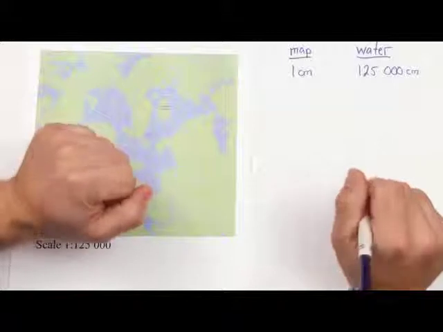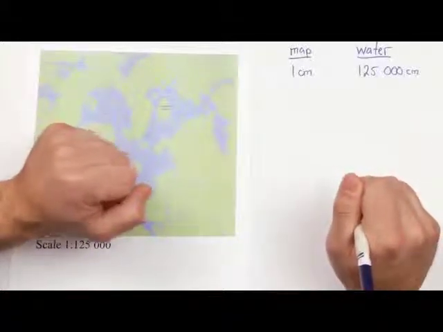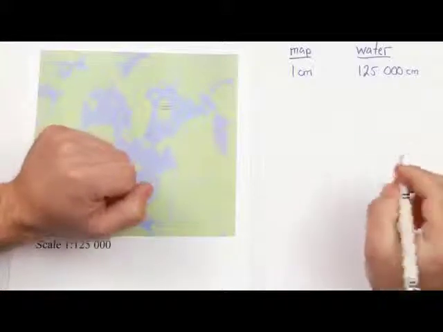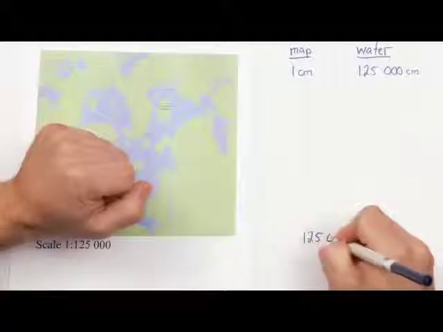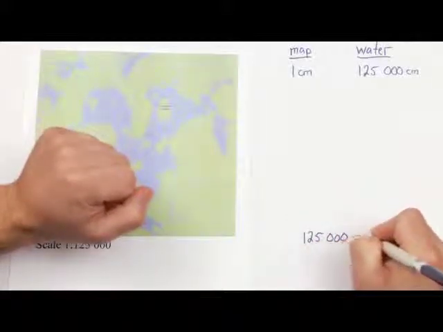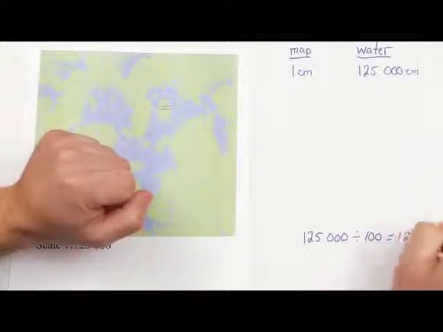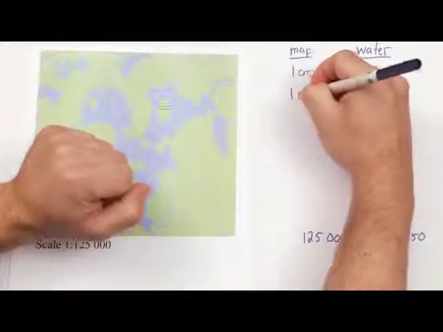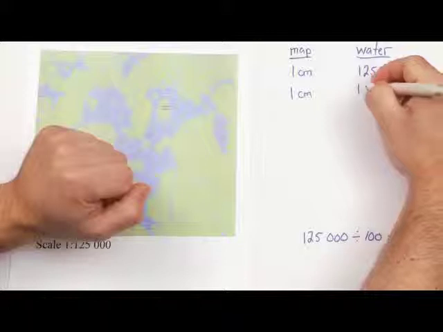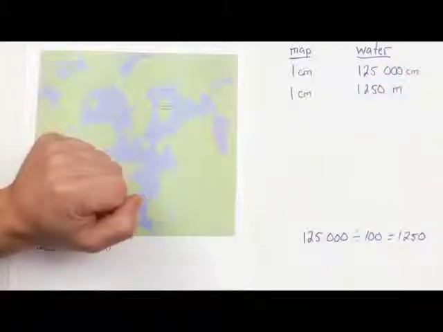Since there are 100 centimeters in 1 meter, I can divide 125,000 centimeters by 100 to get the distance in meters. That's 1,250 meters. So 1 centimeter on the map represents 1,250 meters on the water.